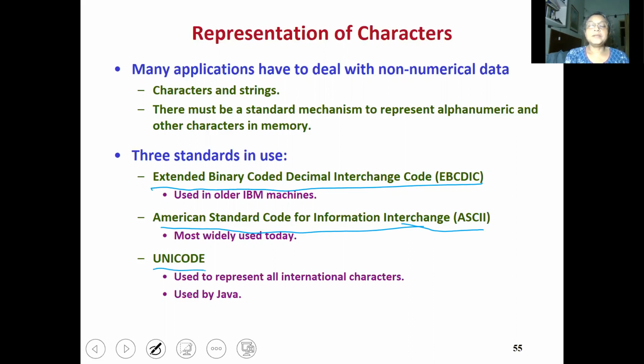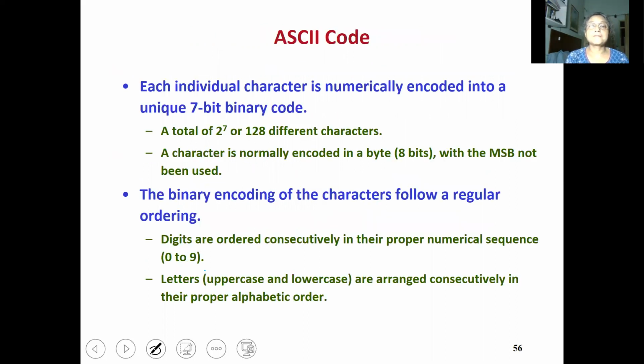However, people also use Unicode, which contains various international characters. So if you want to use Devanagari characters or Japanese characters or other multilingual characters, one uses Unicode. Java typically uses Unicode. In C, we normally use ASCII.